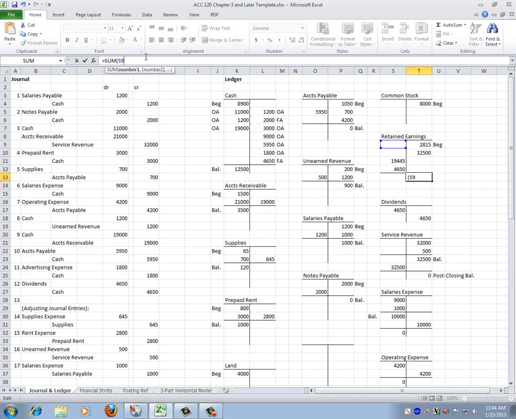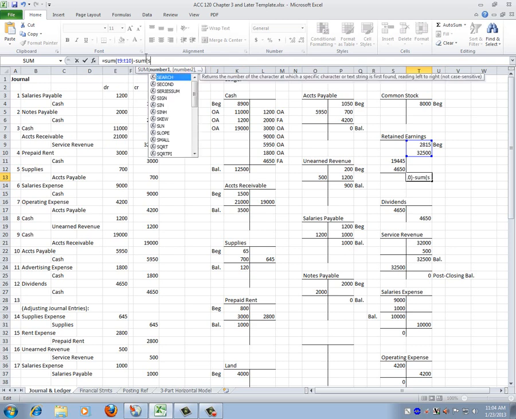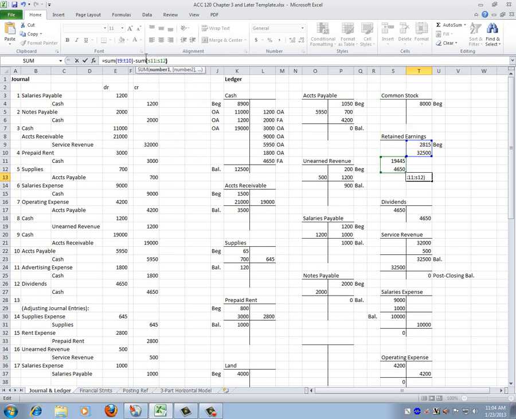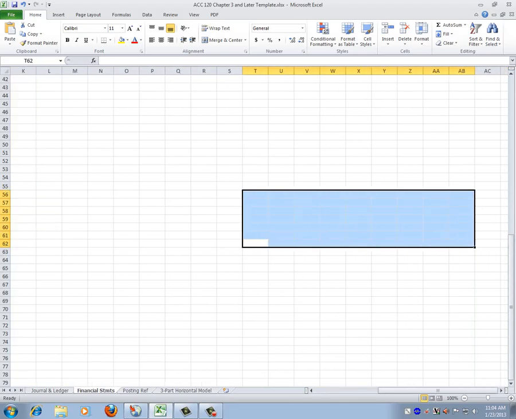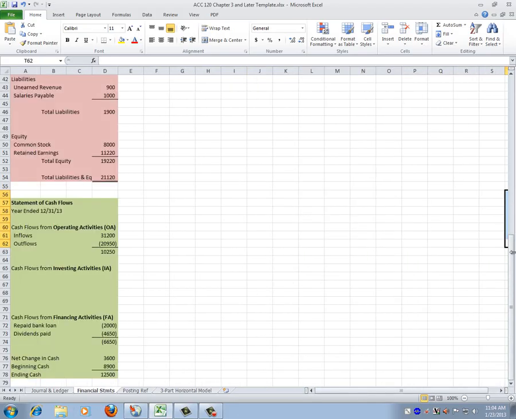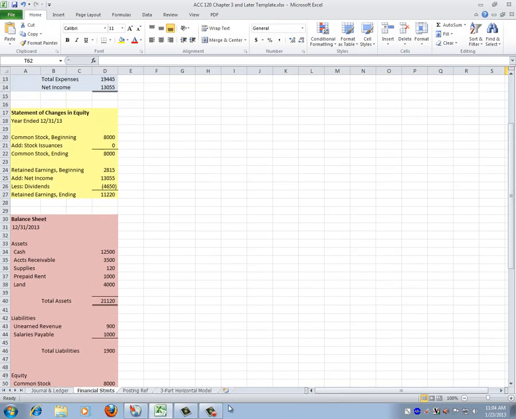Okay, let me do T9 and 10, minus S11 to 12, 11 to 20, and that does agree to what we derived on our statement of changes in equity as the true ending retained earnings.